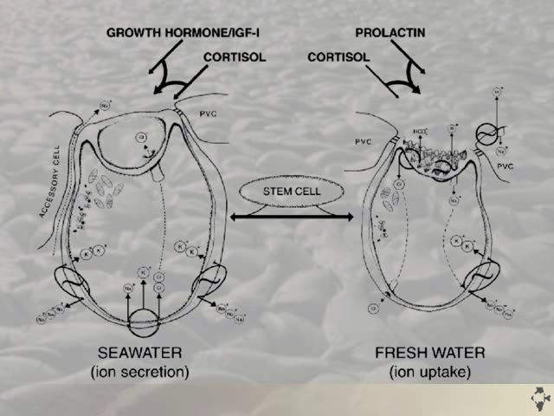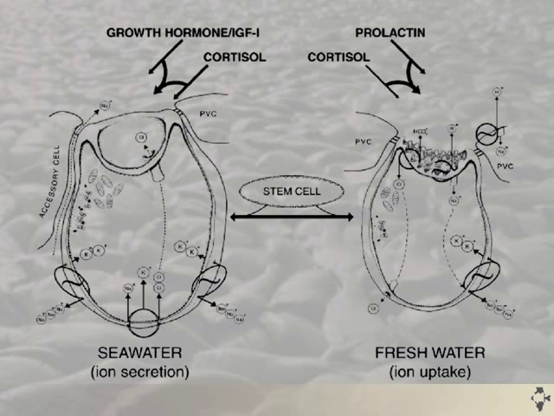Again, we have very different purposes and processes here. On the left, you can see the apical pit on the surface of seawater adapted chloride cells. Again, this is to facilitate the concentration of chloride ions to a very high concentration so that they will ultimately diffuse into the environment. You can also see the accessory cells and the pavement cells, abbreviated PVC.